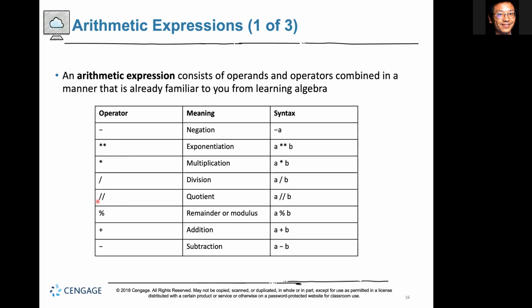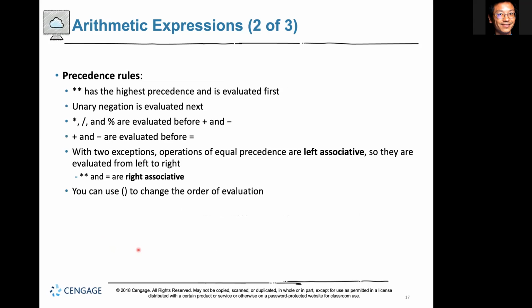This double slash is where you evaluate the result with a normal division, but then you only obtain the floor of that value. Like if the result is 3.5, then it will just return 3. And then you have the modulo operator that gives you the remainder. And then you have addition and subtraction.